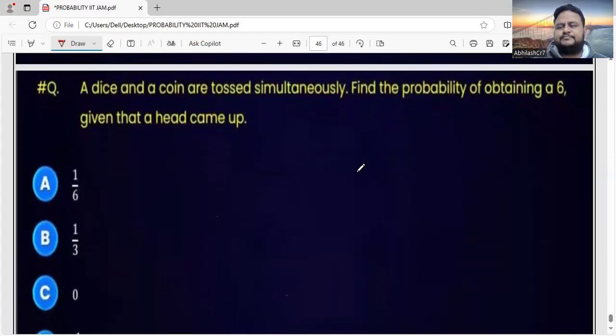Now look at this question. I'll give you 2 minutes time. Please look at this and try to solve it by yourself.